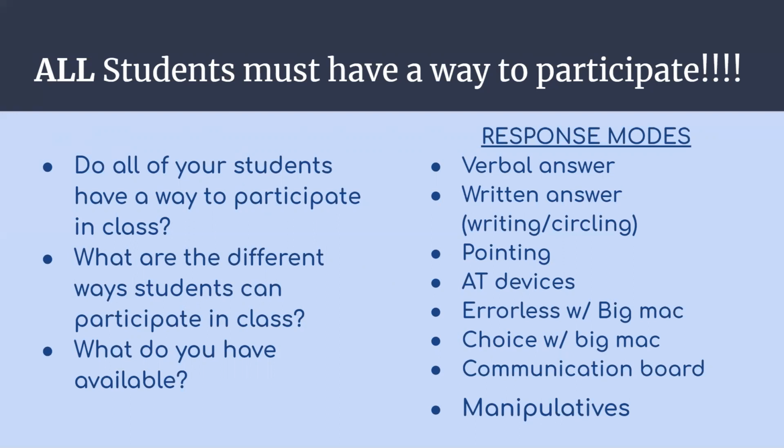And sometimes we're able to give a student 2 Big Macs and they can make a choice and give us their answer. Communication boards are a great way for students to learn to communicate and participate, and so are manipulatives. So those are just some ways that our students can respond to our instruction and communicate with their peers and with staff in class.